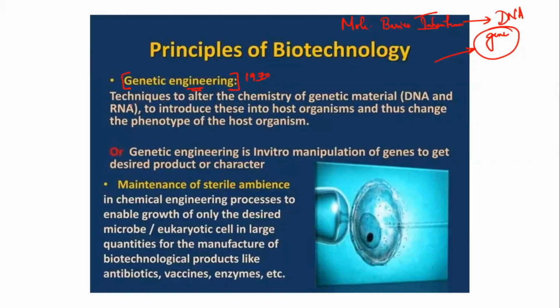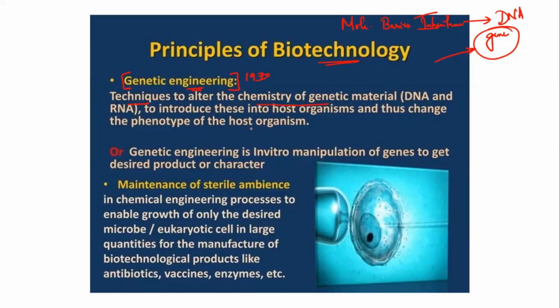These are like the term itself, like the technology. These are the techniques to alter the chemistry of genetic material. So if we are having a special or a significant type of DNA in our cells and we want to alter them, we have to use some kind of techniques or instrumentation or methods. So that is what genetic engineering is.